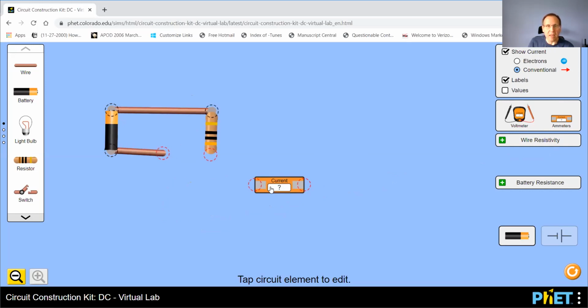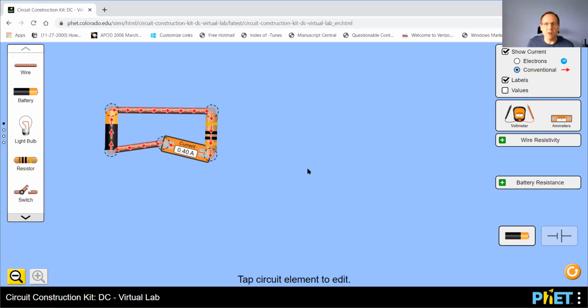And then this ammeter becomes part of the circuit. That value, 0.40 amps, is the current flowing through the circuit. And again, you're going to measure that for both resistors, so for both simple circuits that you create.